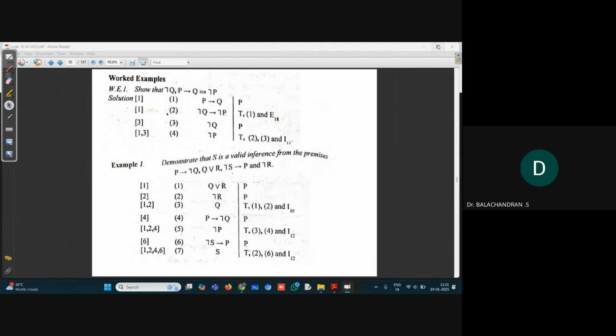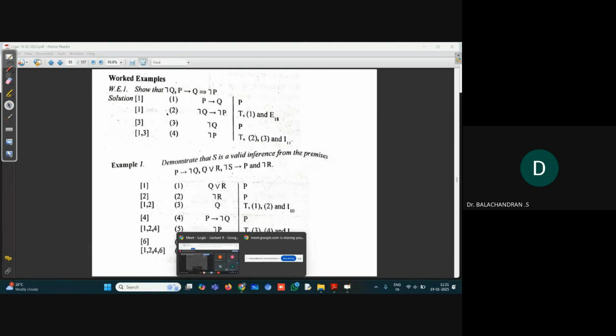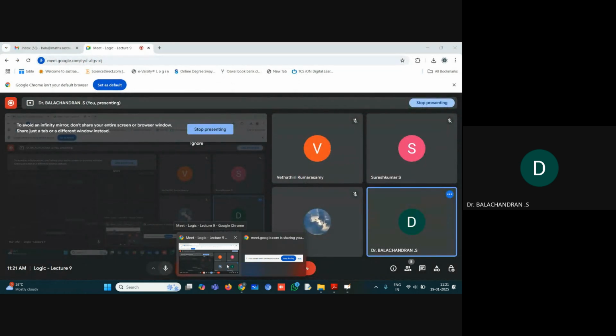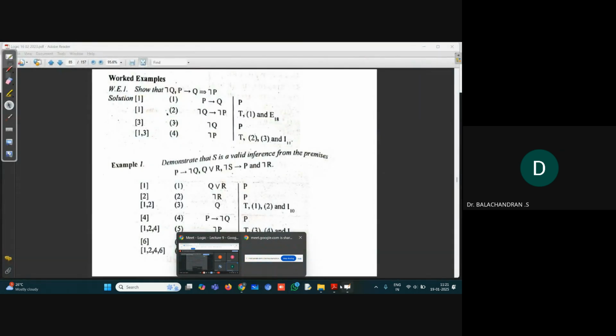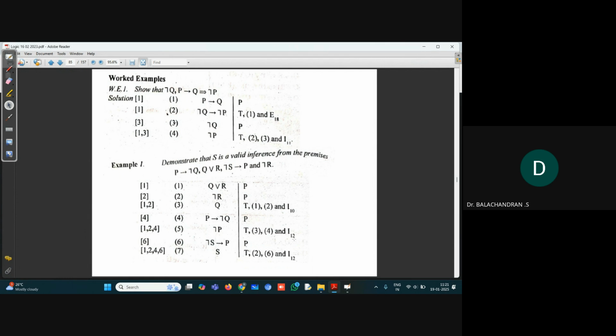Okay, first you should apply what? First you should apply contrapositive. Yes. Here first you should apply contrapositive means what you will get? For P implies negation Q, contrapositive is what? Q implies negation P. So Q comma Q implies negation P is what?